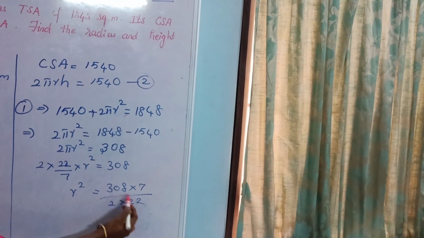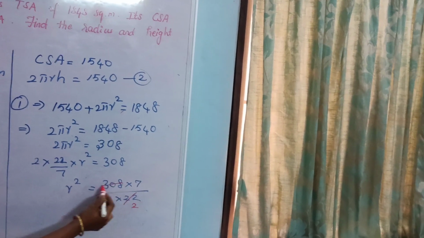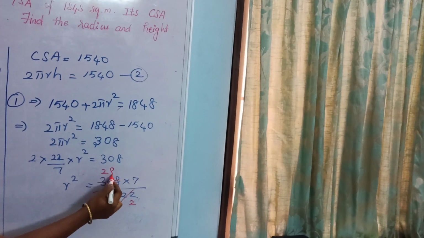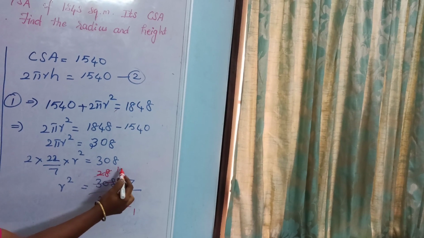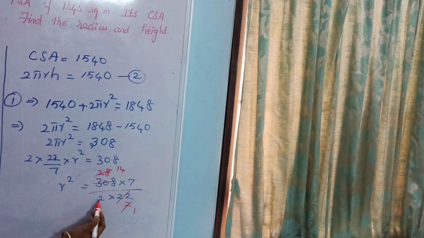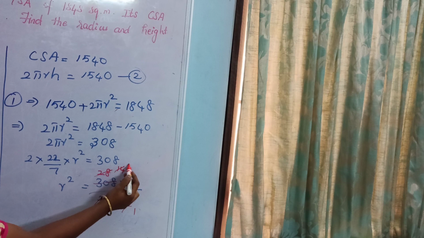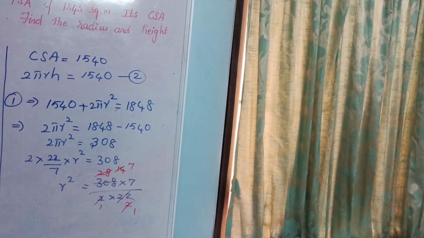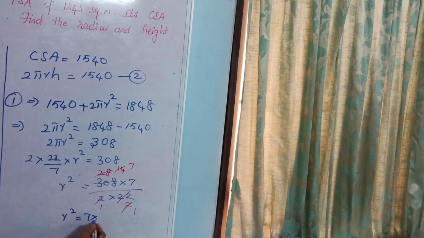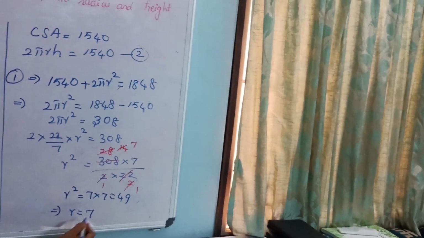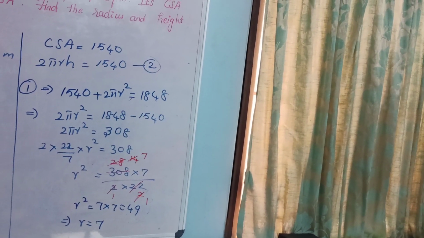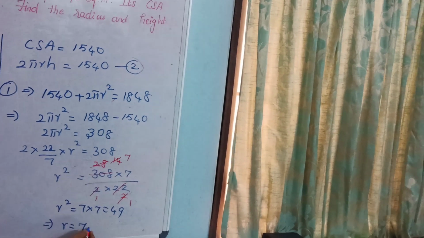Cancelling using 11, and again by 2, and again by 2, we have got r² equal to 7 into 7, which is equal to 49. That implies r equal to root 49, that is 7. So the radius is 7 meter.